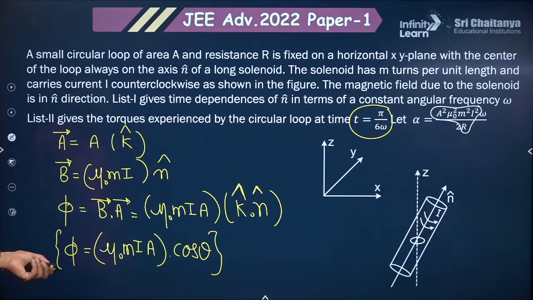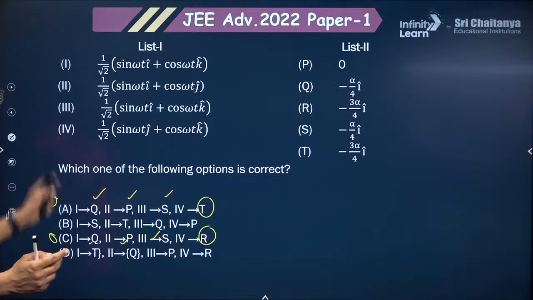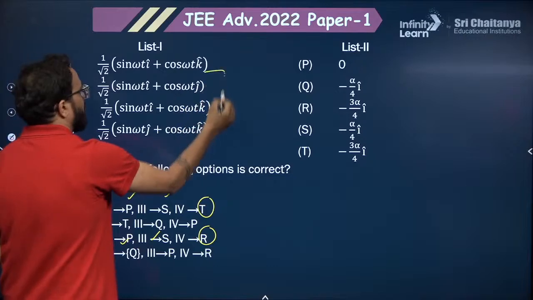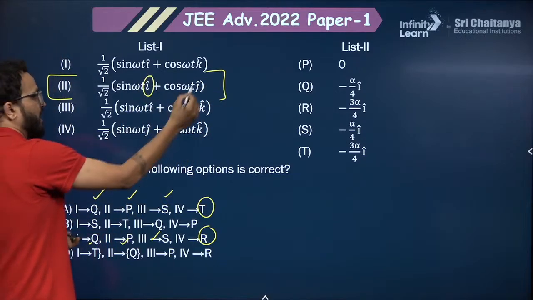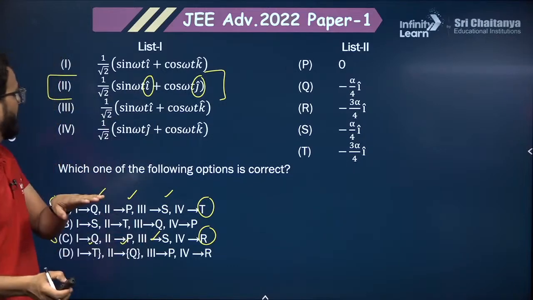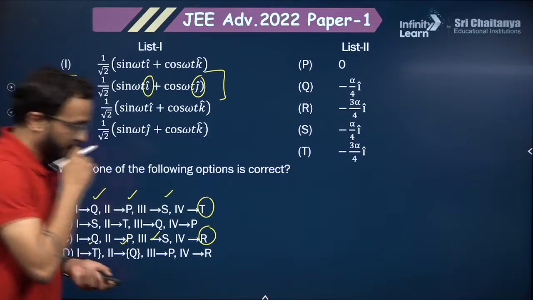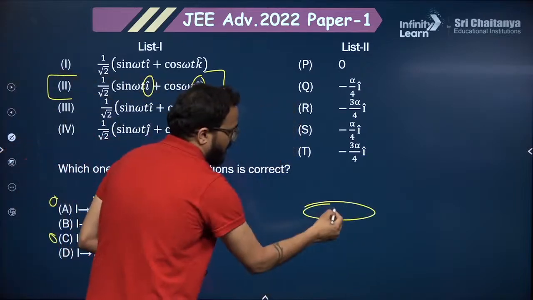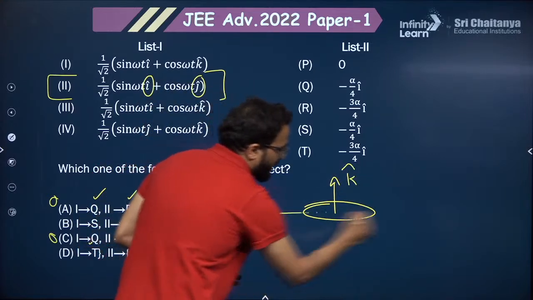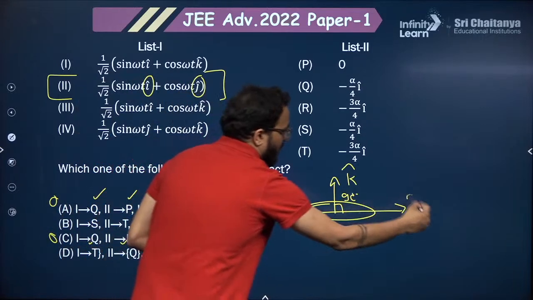Time is also given. So for n cap, let's check the second option first. What is the second option? This is 1 by root 2 sin omega t i cap and j cap. That means vector B, see, the ring was kept like this, its area vector is here, k cap, and if the magnetic field is in the xy plane, they are perpendicular, right?